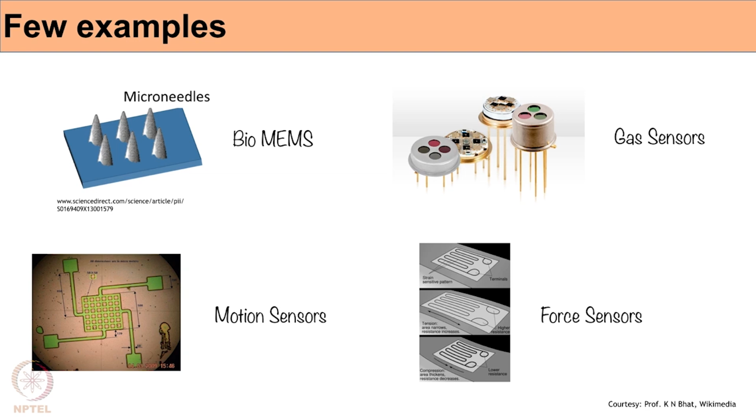In those cases, by measuring how much is the change in resistance, you can measure how much is the deflection caused, and from that deflection you can measure how much force has been applied for making that deflection. So these kinds of force sensors are also made using microfabrication technologies.